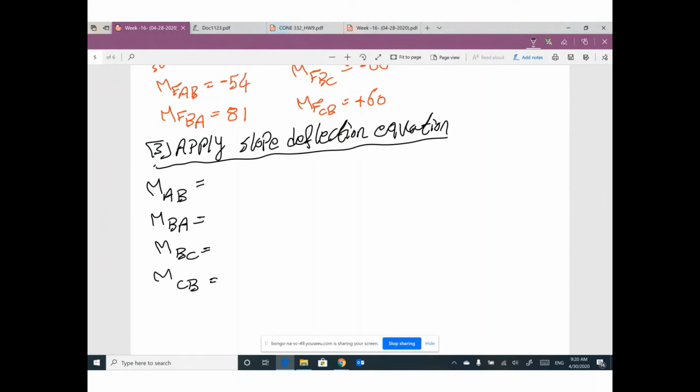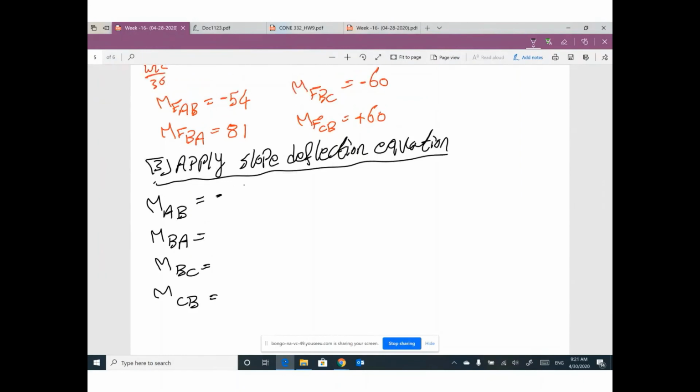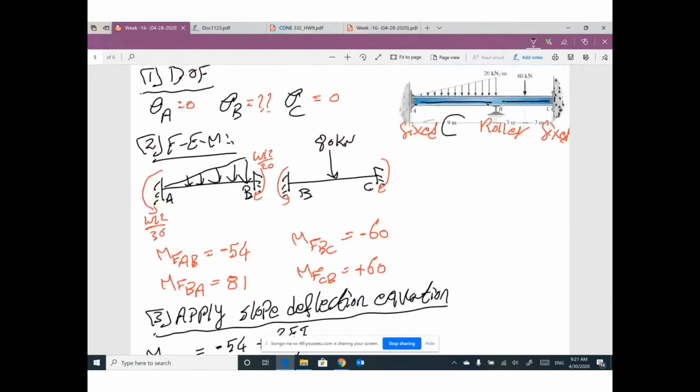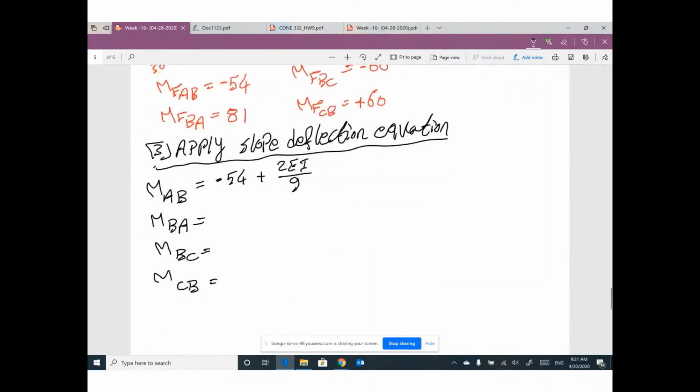Go ahead. MAB equals M fixed AB negative 54 plus 2EI divide the length of this member 9. I think this length is 9. Yes. Times 2 theta A plus theta B. I think theta A is 0. So the final shape of this equation will be negative 54 plus 2EI divide 9 times theta B. The same steps.